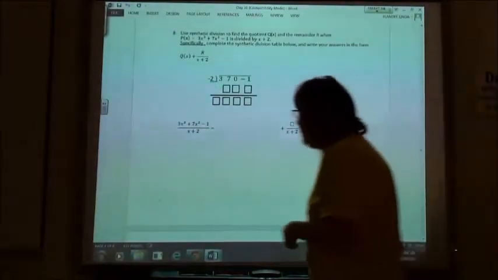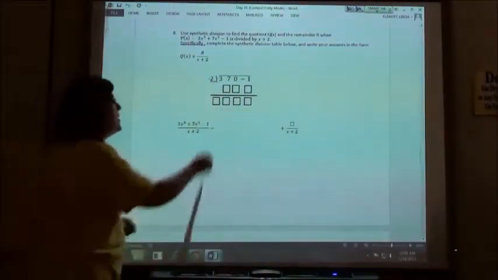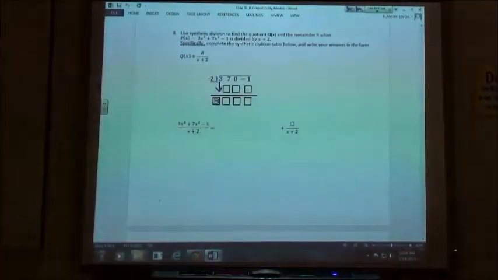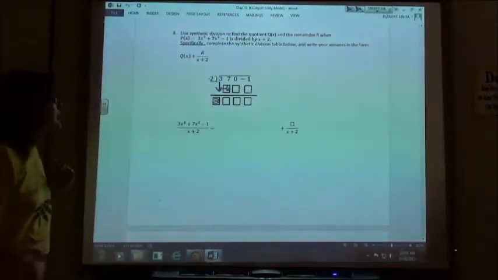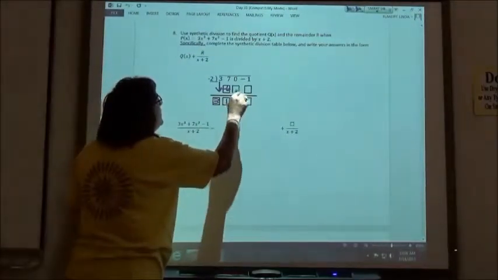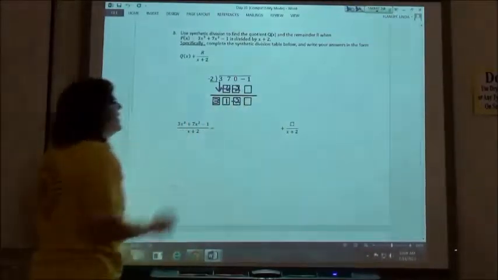So number 8. First thing I'm going to do, drop my 3 down, put that in the first box. Negative 2 times 3 would be negative 6 plus the 7 above that is 1. Negative 2 times 1, negative 2 plus the 0 above that, negative 2.